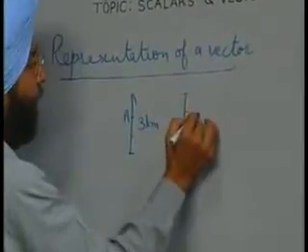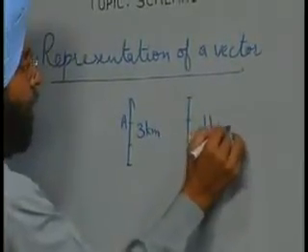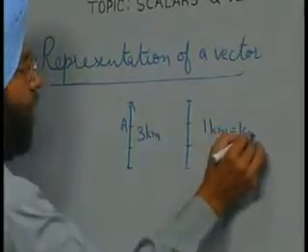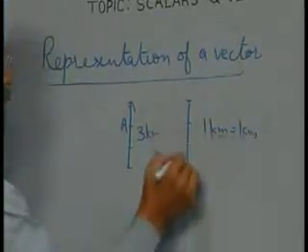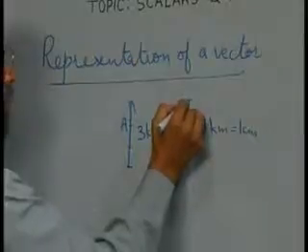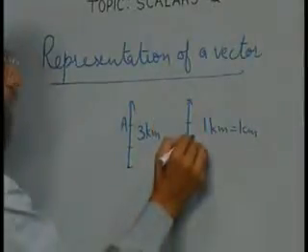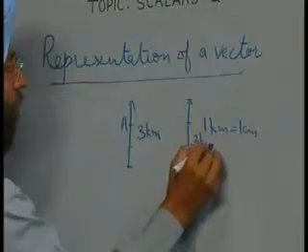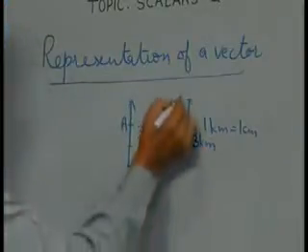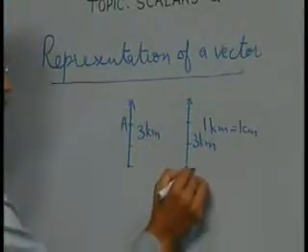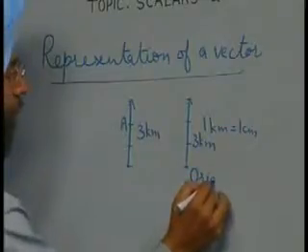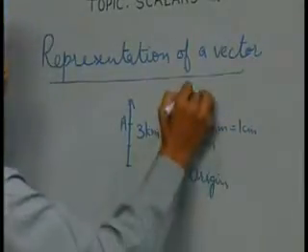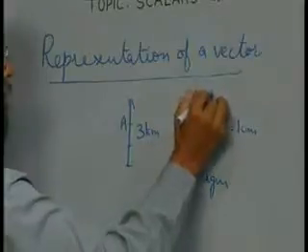We take a scale 1 kilometer is equal to 1 centimeter. So, on this scale this length of 3 centimeters will represent 3 kilometers and direction of A is from tail of the vector to head of the vector.